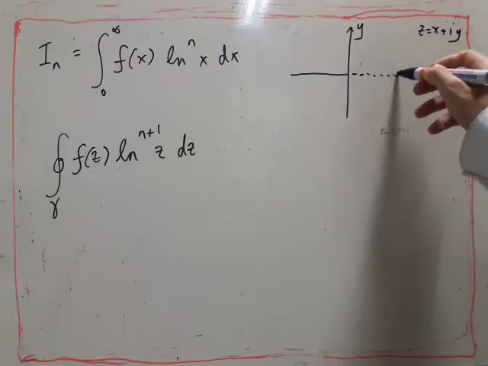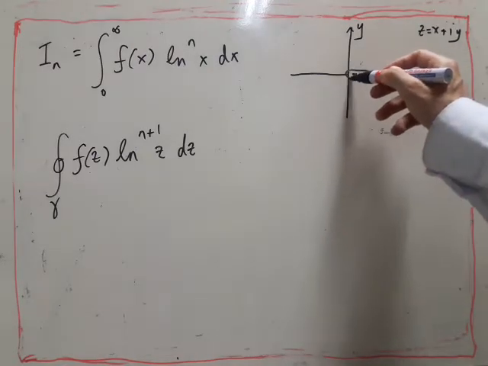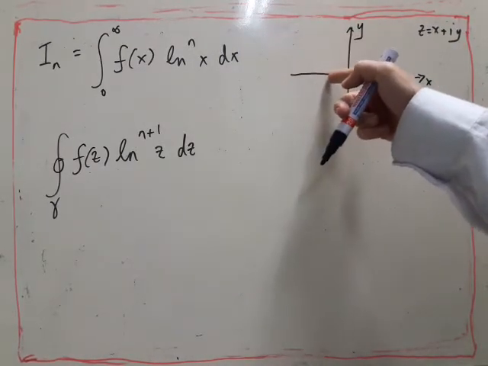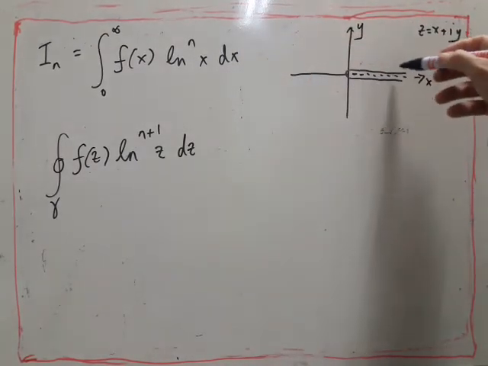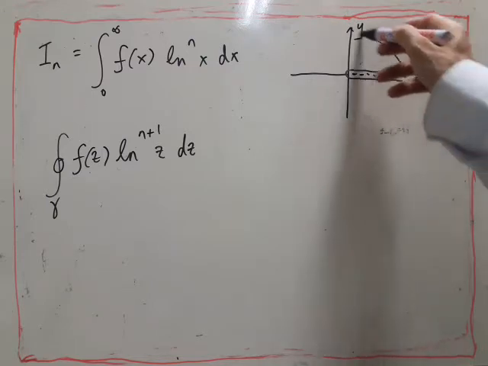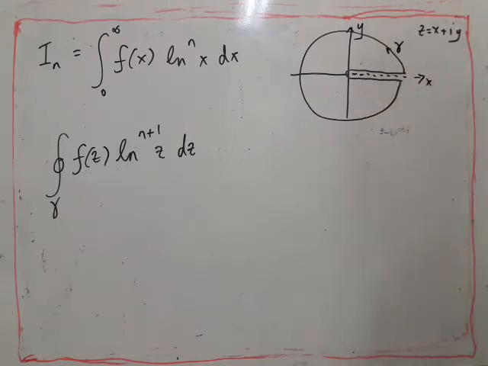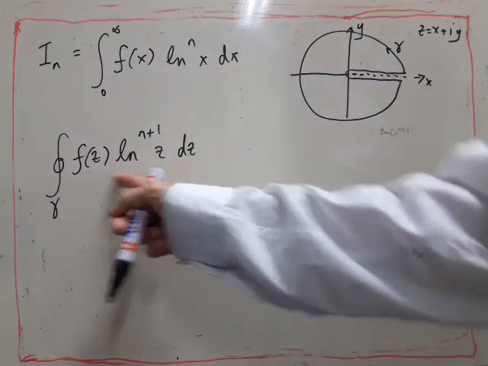And I should add that f of x is of course allowed to have singularities along the negative real axis, just not along the positive real axis, for the time being anyway. Okay, so we have a contour which looks like this, and let's see what happens if we consider this integral.